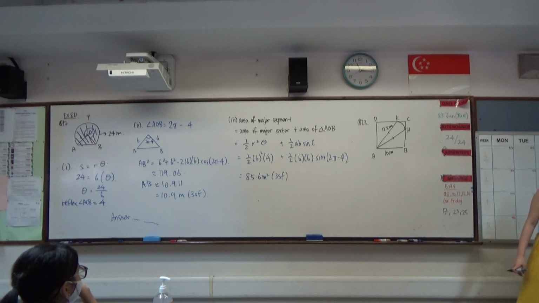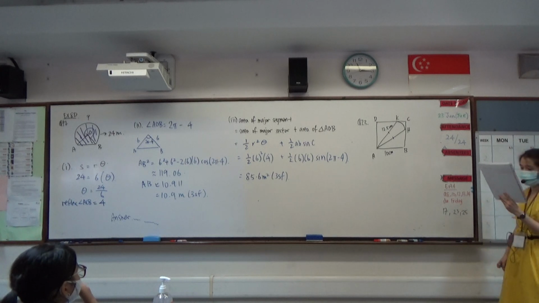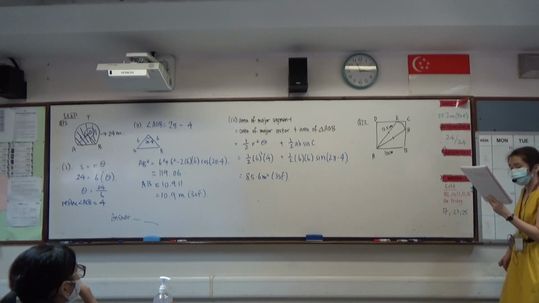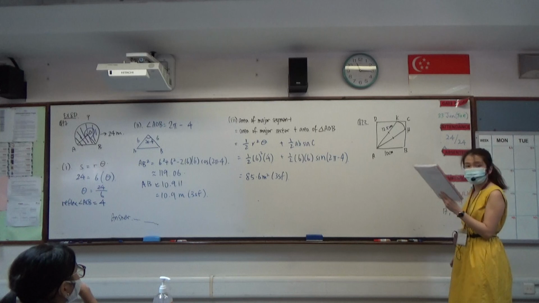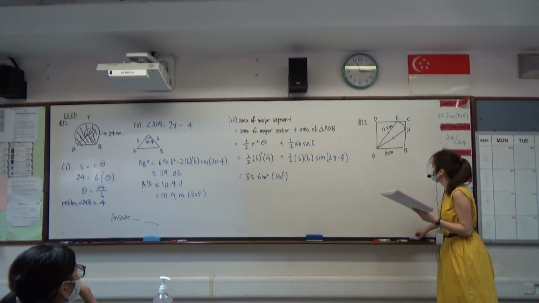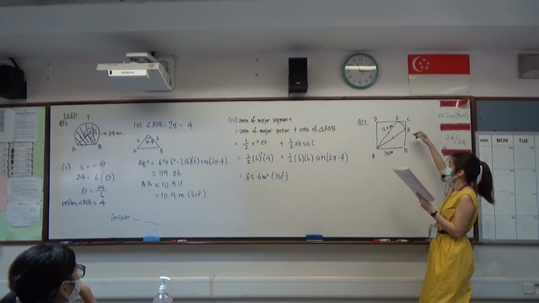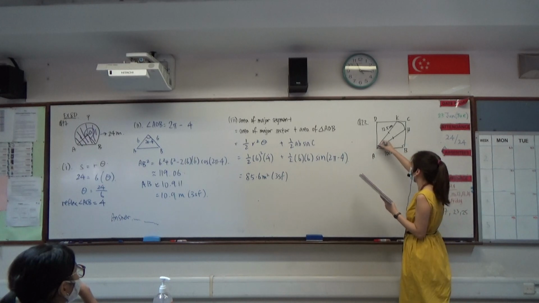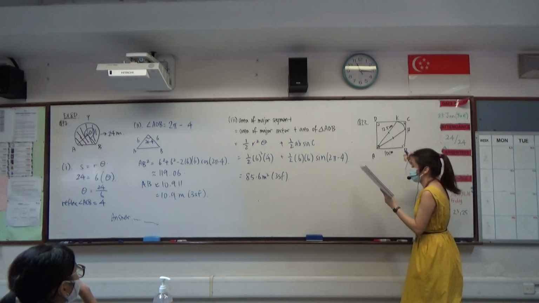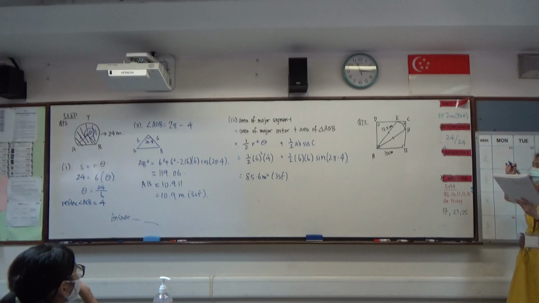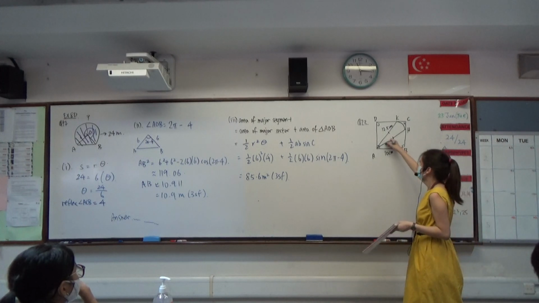Okay, so we want to find the angle of HAK. Alright, so any ideas on how to do it? We know that this is a square, right? So we can have right angle triangles. So what we can do is to first find out what is this angle.